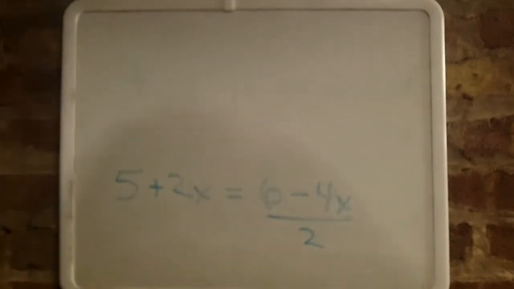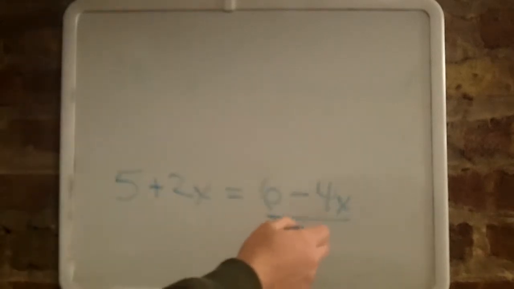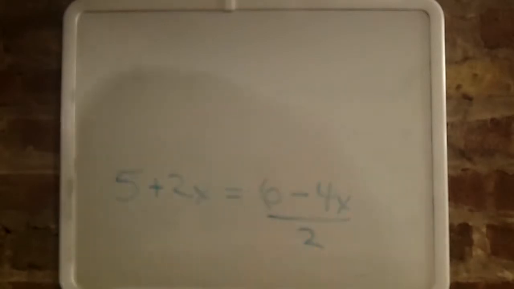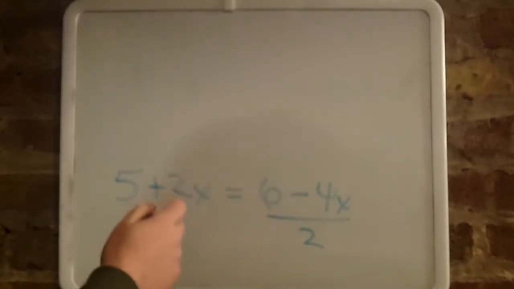So the first thing I want to do is get rid of this 2 that's dividing everything on the right side. And so here we come again to another cardinal rule of algebra. Whatever you do to one side, you do to the other side.